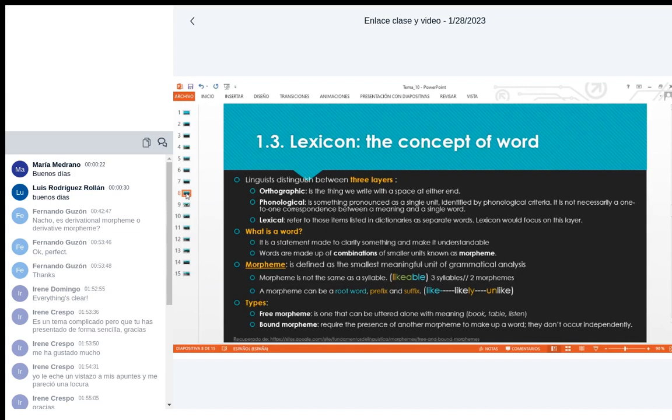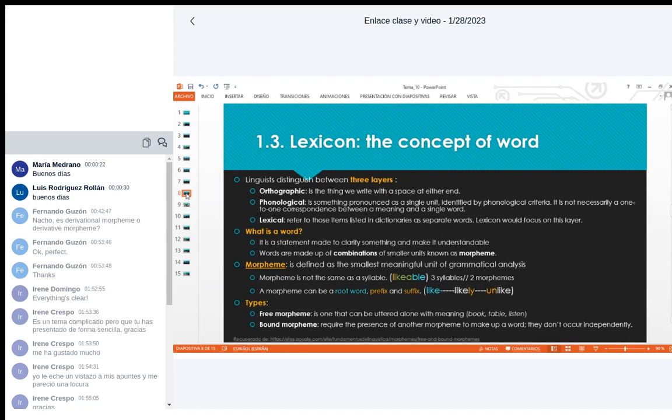Then we have other morphemes, in this case the suffix, which allows us to produce another category of word, likely, or the prefix "un," which allows us to create a different category of word, unlikely, but with a different meaning.